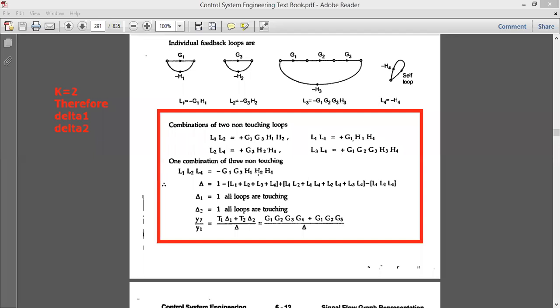All values we have already calculated. All you should do is put all the values of L1, L2, L3, L4 in the first bracket, plus the sums of the non-touching pairs, all these values, in the second bracket, and the last bracket is your group of three non-touching loops. Simply enter all these values here, and the whole delta function, after substituting and simplifying, you just add at the denominator.